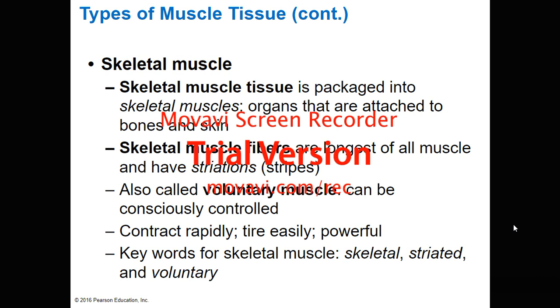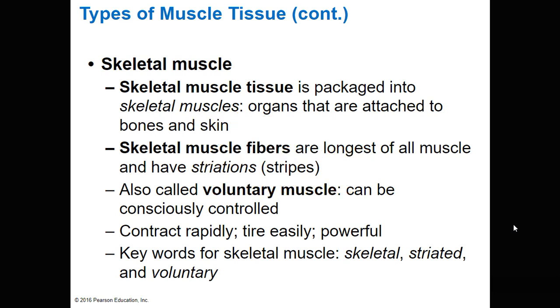And the myofibrils are rod-like contractile elements that occupy most of the muscle cell volume, and they're composed of sarcomeres, which are the contractile unit of the muscle fiber, essentially.